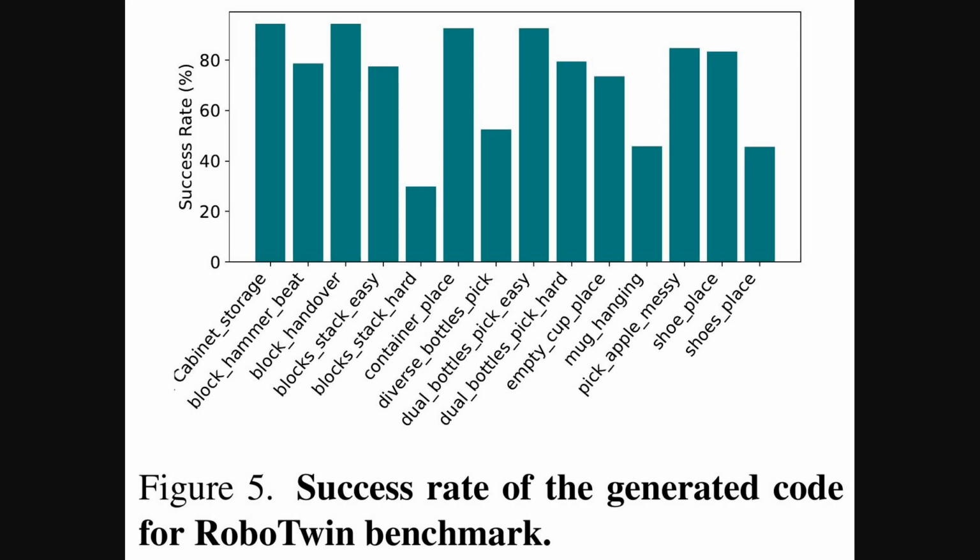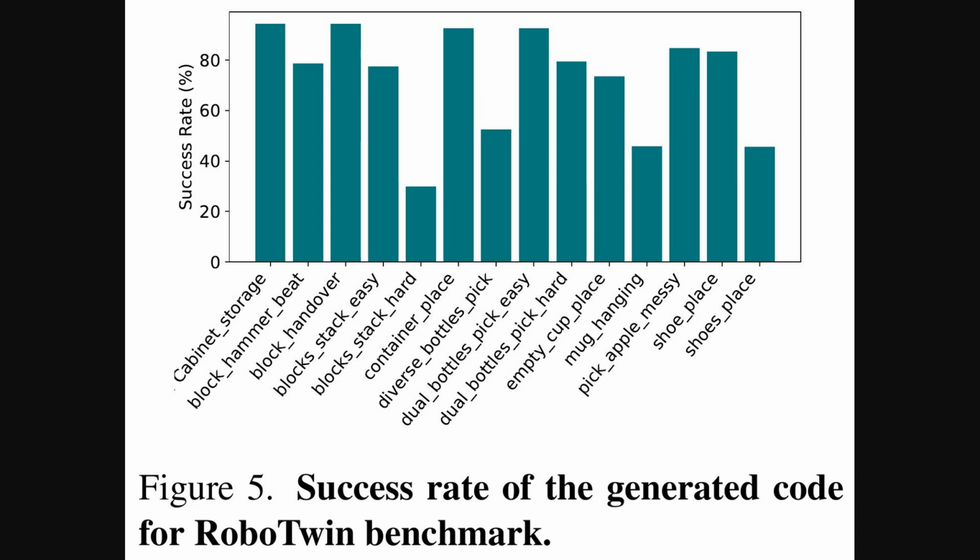Okay, so now that we see how RoboTwin applies these smart labels to all sorts of tools, the big question is, can the LLM actually use this information to create successful robot plans? And this chart gives us the answer. It shows the success rate of the code generated purely by the LLM for the different benchmark tasks.